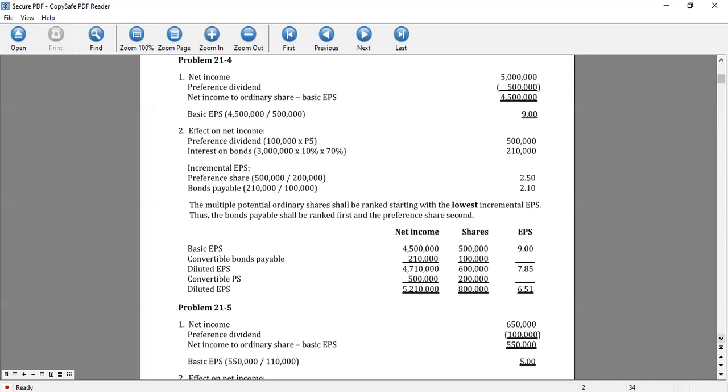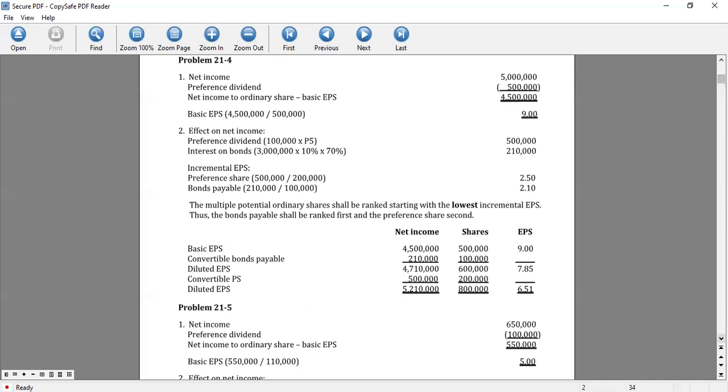And then for the convertible bonds payable, the computation is now for diluted earnings per share. For net income, we divide it by the number of shares. That will give us the earnings per share.